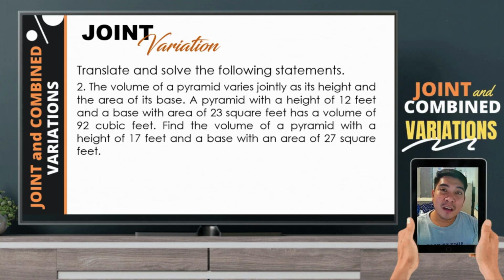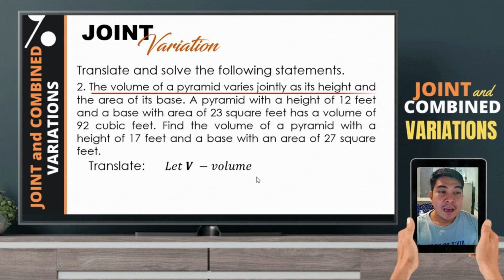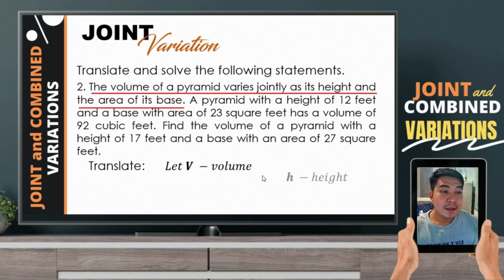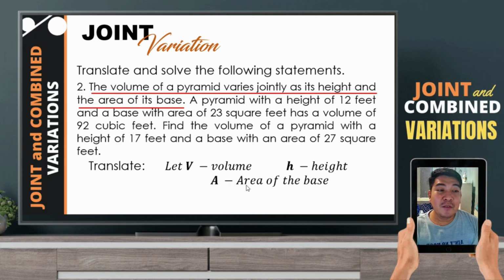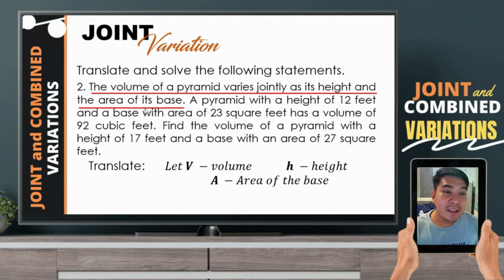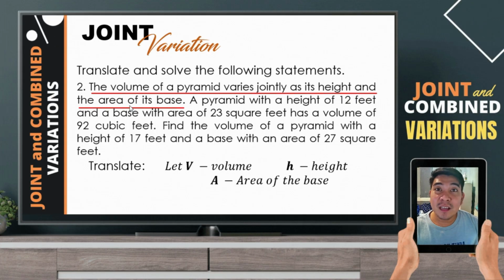Karaniwang ginagamit or nire-represent ang isang quantity using the first letter of the quantity. For example, let V be the volume, H for the height, and capital A for the area of the base. Using this underlined statement, we will be translating them using our variables.